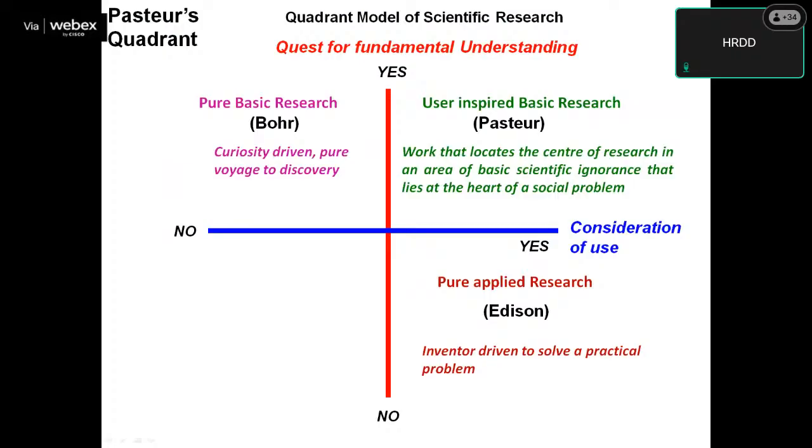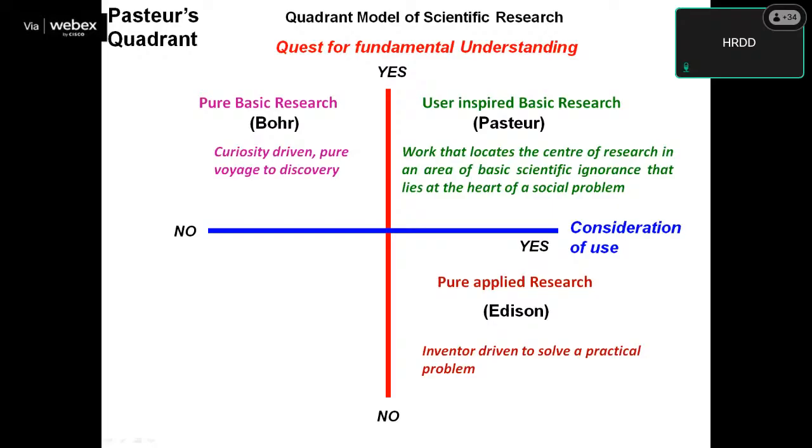So all of your research will fall into this quadrant, the Pasteur quadrant, which is user inspired. Somebody will use it. Whatever research you will do, the Department of Atomic Energy has an application, right? Whatever you all are doing here. That is known as user-inspired basic research. So this is the Pasteur quadrant.